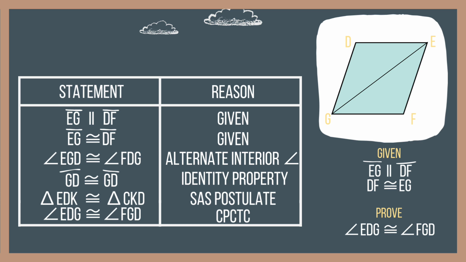It is the CPCTC theorem, since we proved that triangle EDK and triangle CKD are congruent, therefore their corresponding sides are also congruent. That's why angle EDG is congruent to angle FGD because of CPCTC.